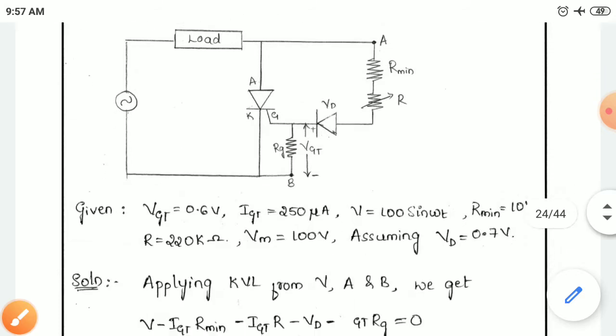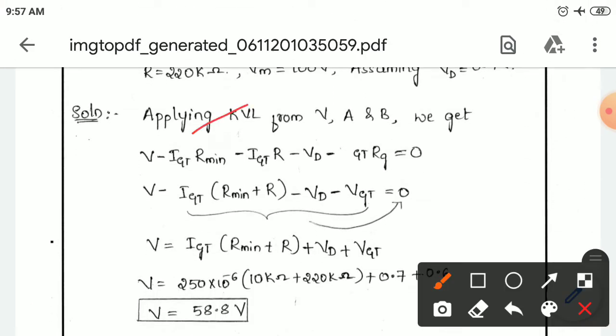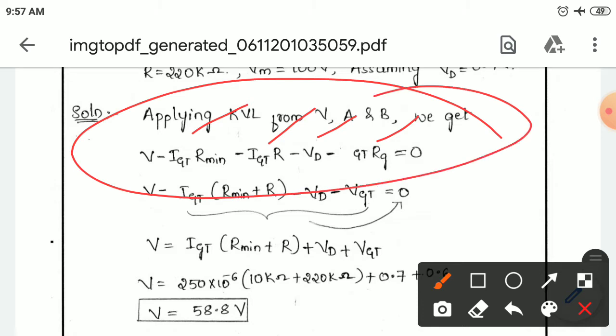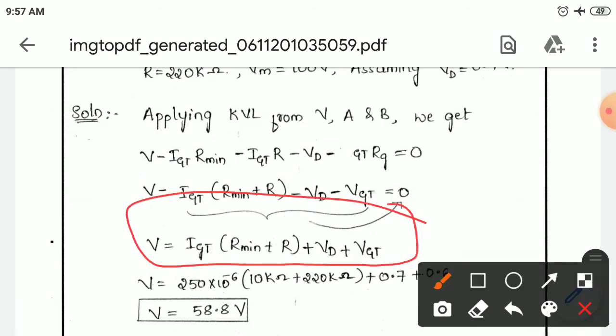So you apply the KVL, you will get this equation. Just go and simplify this equation for V. You just do the cross multiplication and calculate for V. You will get V is equal to IGT into bracket of R plus R minimum, plus VD plus VGT.